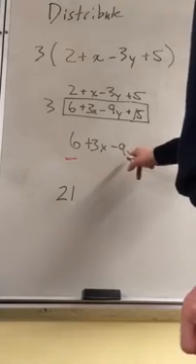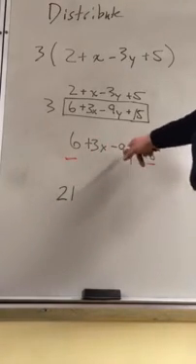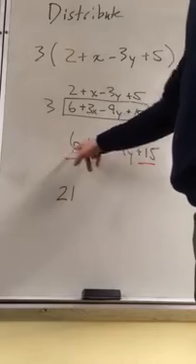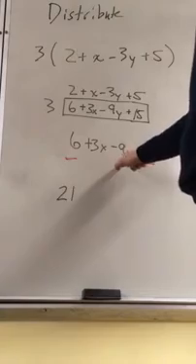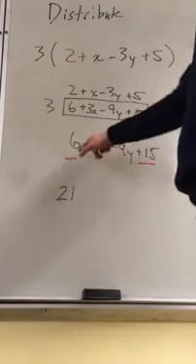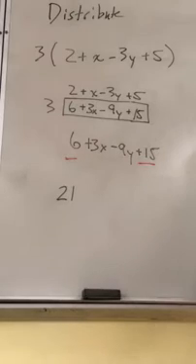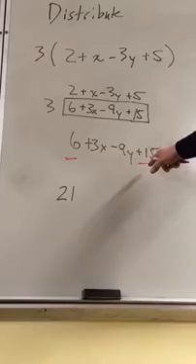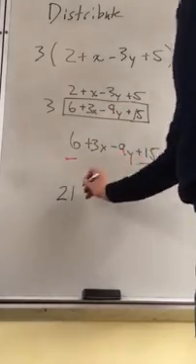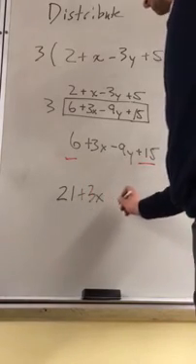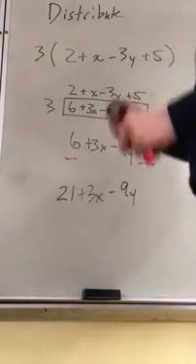And minus 9y does not get to combine with 3x, because this is not a like term for this or for this. And this is not a like term for this or this. But the 6 and the 15 are like terms for each other. They're both regular numbers. We call them constants, but you should just see that they are like terms, and that's why we underline them in red. So here our final answer should be 21 plus 3x minus 9y.